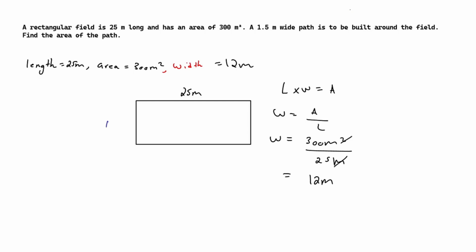Okay, let's do that. Now what we need to do is figure out the area of a path that's going to be made. So we're going to have a path that's going around our rectangle like this, right? And the width of the path is 1.5 meters. So this right here is going to be 1.5 meters here, and 1.5 meters here, 1.5 meters here, 1.5 meters here.